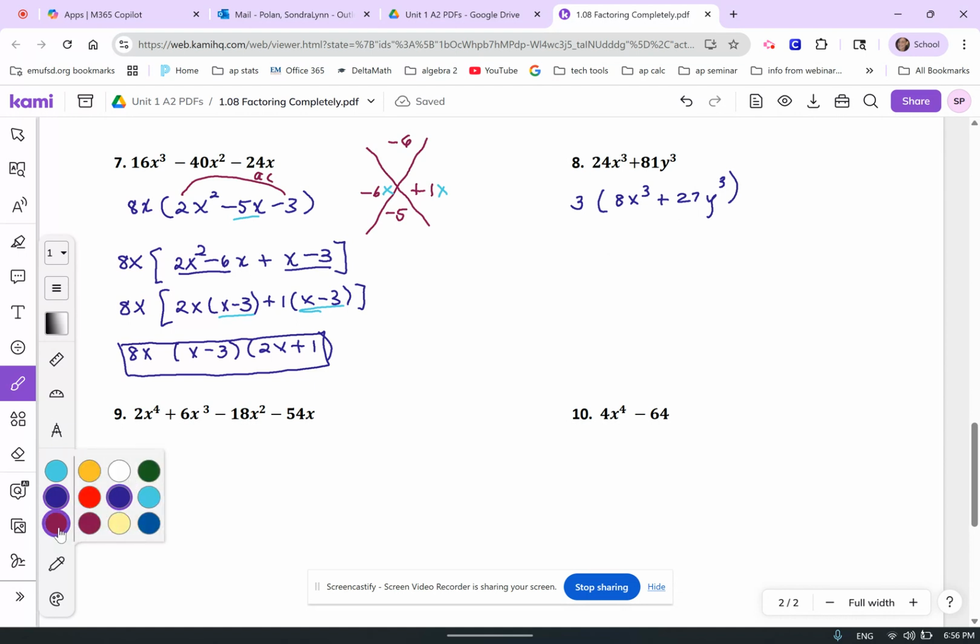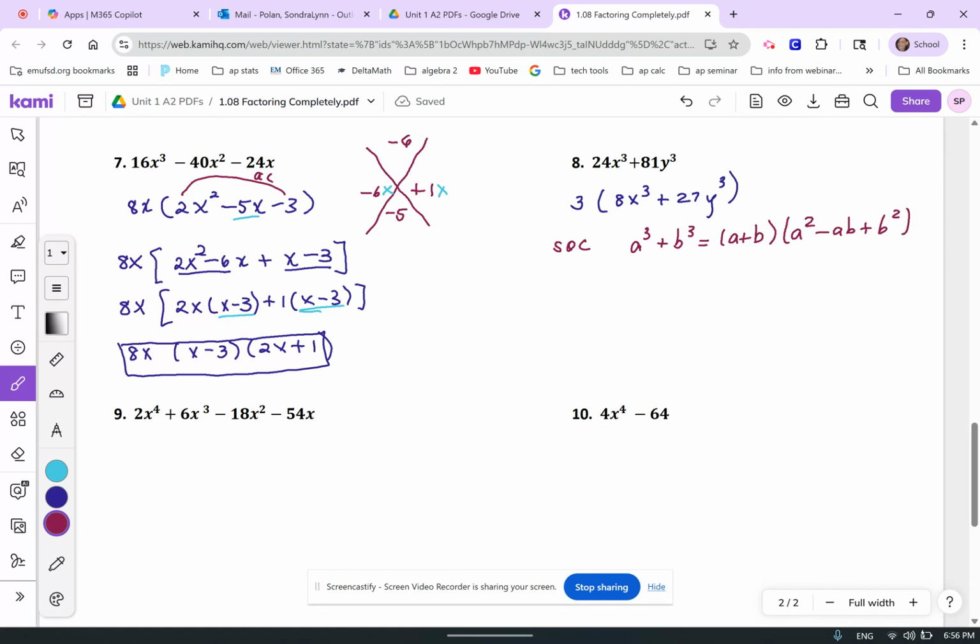So then what we can do is use the sum of cubes formula, which is on the reference sheet. The formula is a cubed plus b cubed, I'm just writing it down for ease of access, is equal to a plus b times a squared minus ab plus b squared.